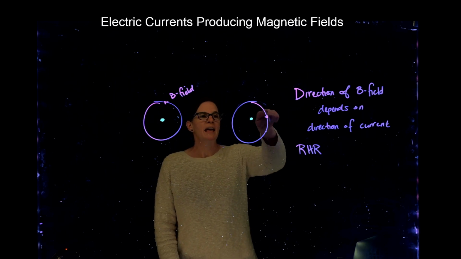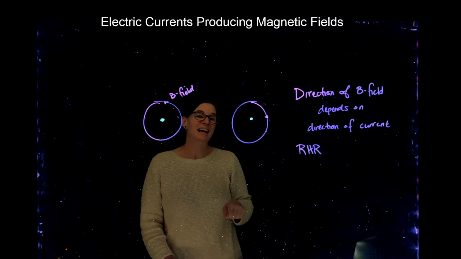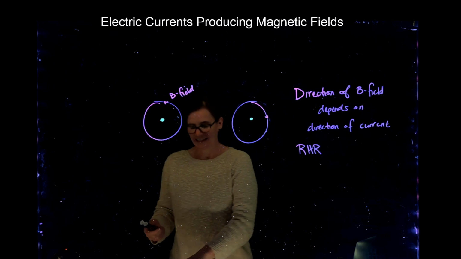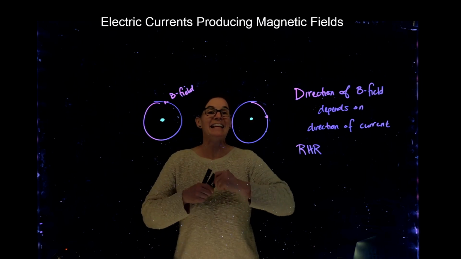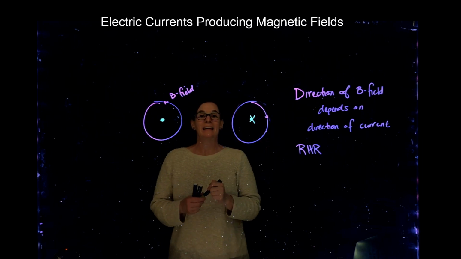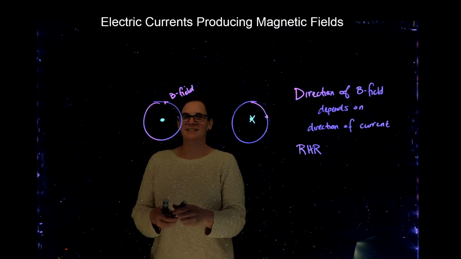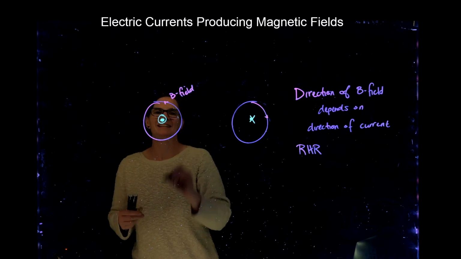And so if a magnetic field is moving clockwise, that tells us that the current in this plane is into the board. So I'll draw the current in that direction. Counterclockwise, it's as if your thumb is pointing at you. That tells us that the current is out of the board.